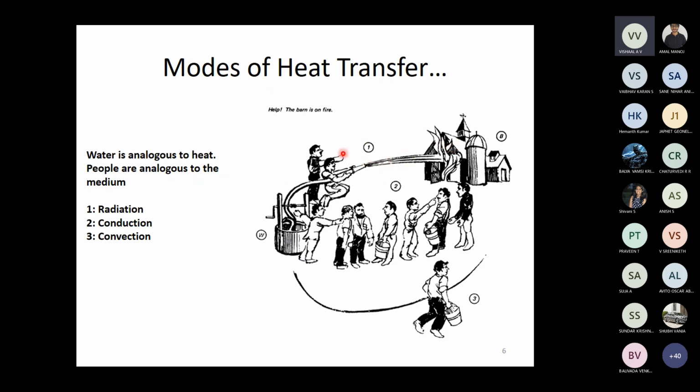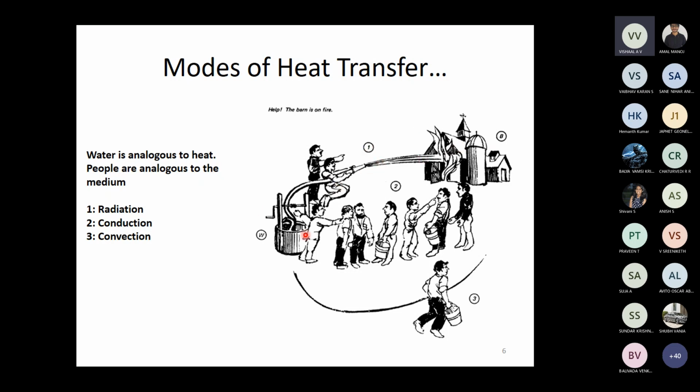That means this particular phenomenon, example number 1, is the example of radiation. So whatever is there in between doesn't matter. The point of source and the point of receiving can be connected with this particular water. So this is how radiation works, irrespective of whatever is there in between.